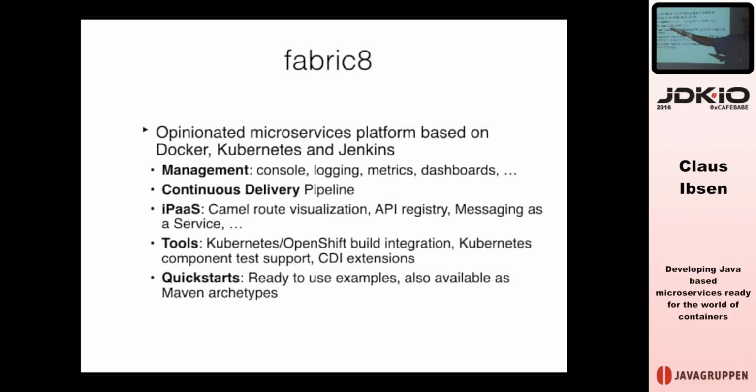There's a continuous delivery pipeline solution using Jenkins pipeline, where, for example, you can have a pipeline that triggers on a Git commit, and then it checks out the source code, builds it, and runs some unit tests, and if that passes, it moves to the next stage.